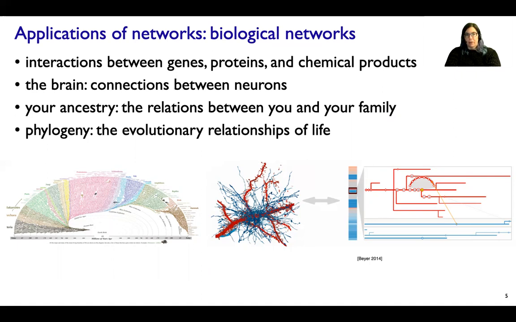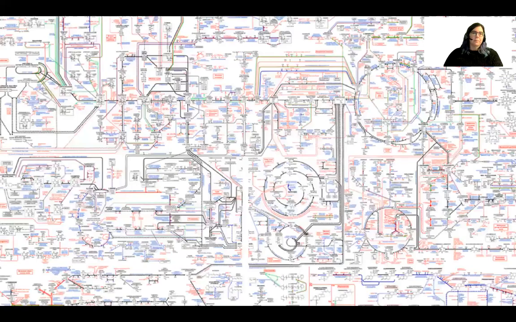So ancestry graphs. There's phylogenetic networks. That is the evolutionary networks of how it is that dogs and cats are more closely related to each other through an ancestral species than they are to, say, birds or viruses. So many, many networks in biology, all of them have the same fundamental idea that there's nodes and links.